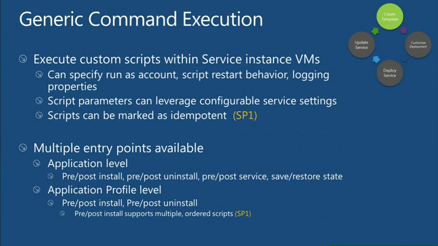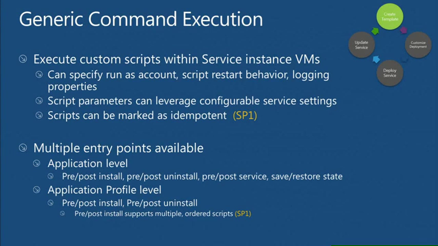In 2012 RTM, when you execute a script, the script to us really is a black box, right? We don't know what exactly the script is doing. So if for whatever reason that script fails at deployment time or at servicing time, you always have the option to restart the VMM job, of course, to continue the deployment, but we will not re-execute the script, because since we don't know what the script is doing, we assume that it's unsafe to re-execute it.